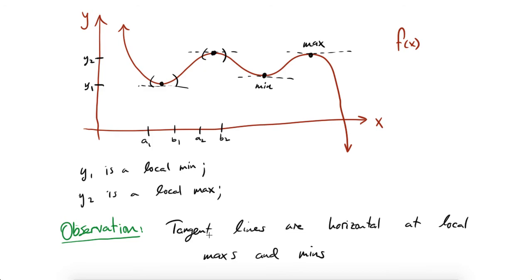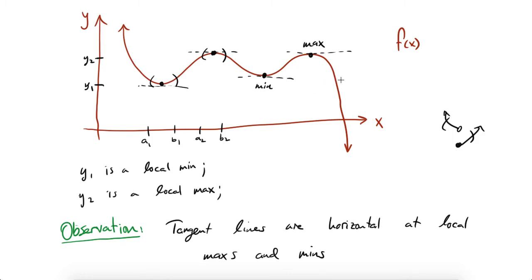Now, it's possible also that the tangent lines don't exist for maxes and mins, which can happen if you've got maybe a situation like this, and I consider this open interval. Well, this is the smallest y value around. So it's also possible that your tangent lines don't exist there.